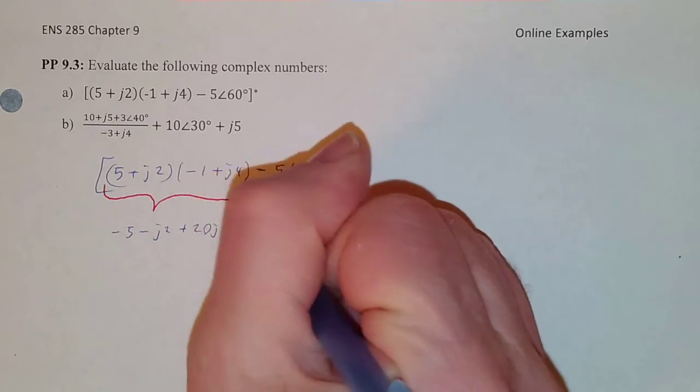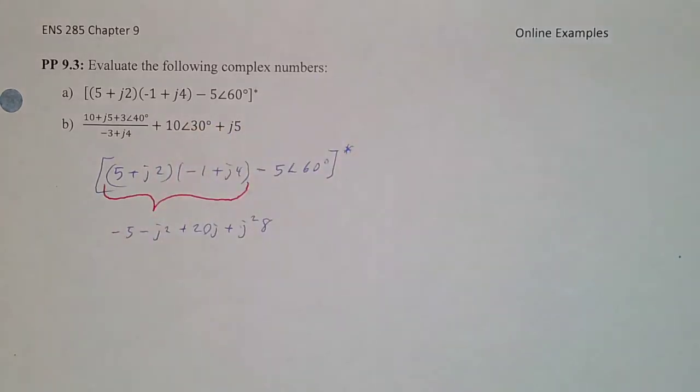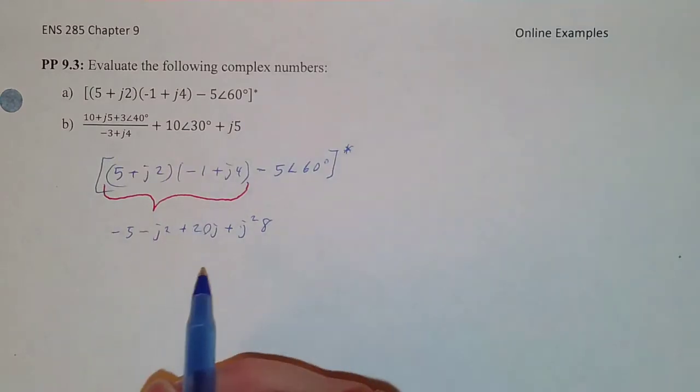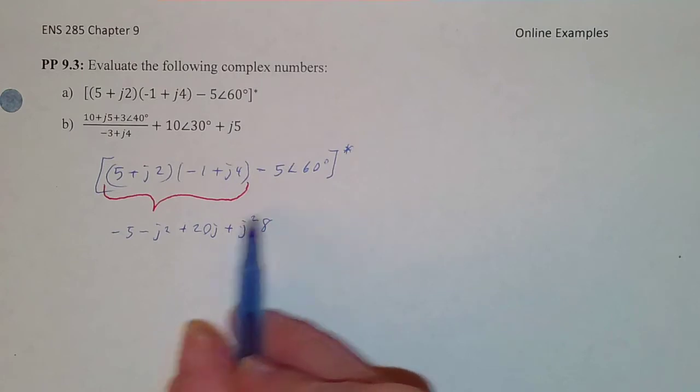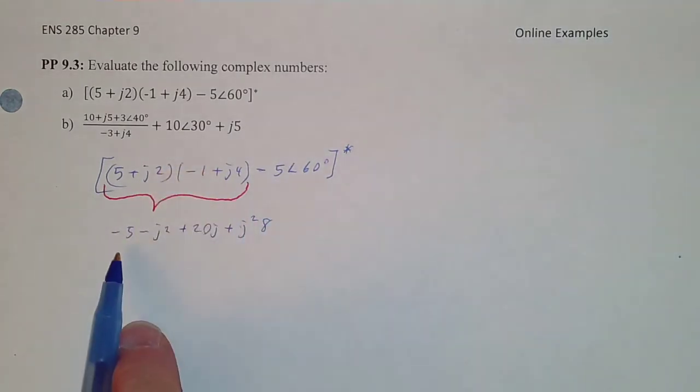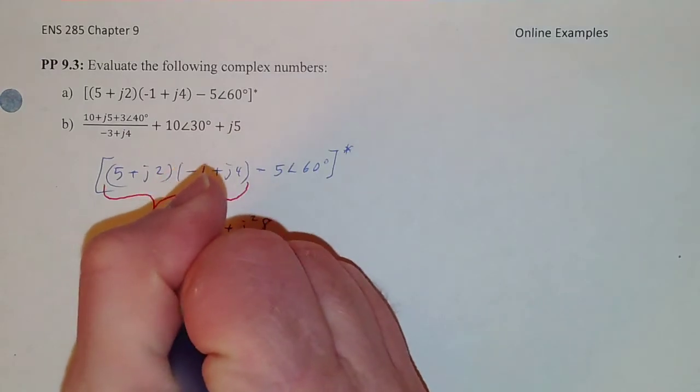You're supposed to write it with a j out front. Well, it doesn't matter, but j squared 8. Remember, j is just the square root of minus 1, so this becomes a minus 8. So I've got a minus 5 and a minus 8. That gives me a minus 13.